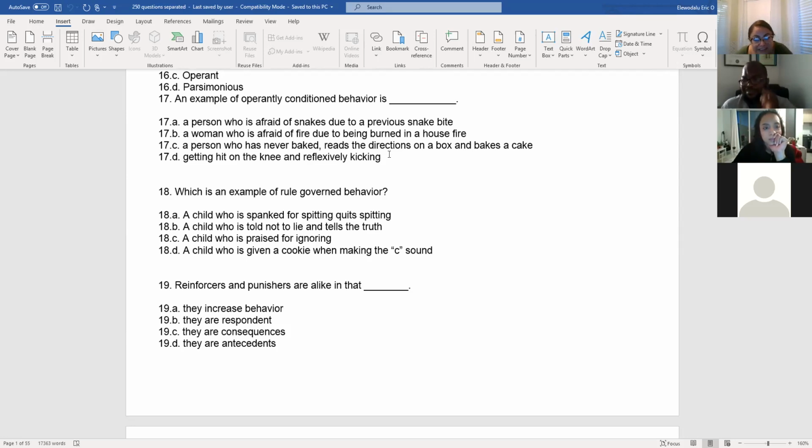They all sound the same to me. The first two are very similar, and to me those are both reflex, so that's respondent. The same thing with D. So C would be the only option, because getting hit on the knee is reflexive, so that's respondent.